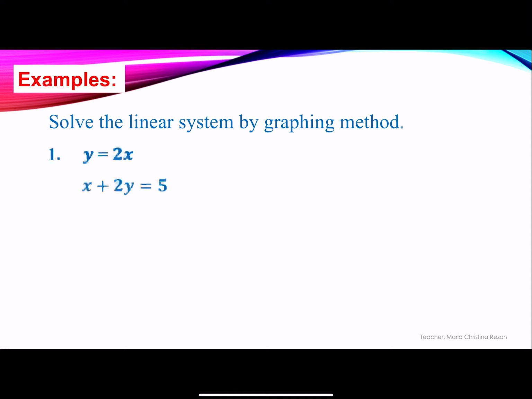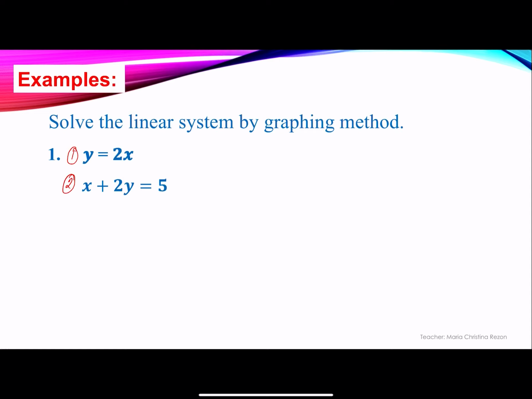So let's try our first equation, which is y is equal to 2x. And then our second equation is x plus 2y is equal to 5.